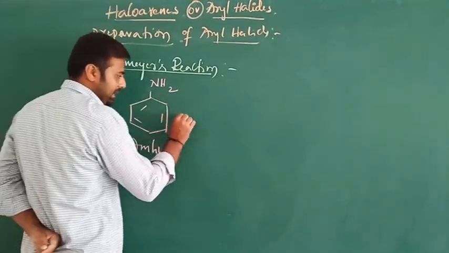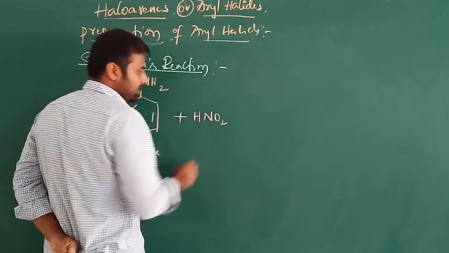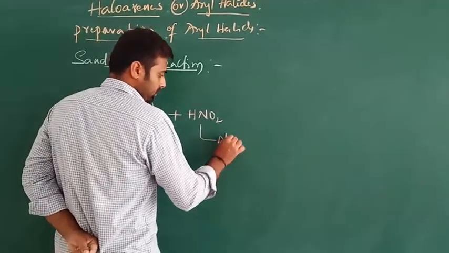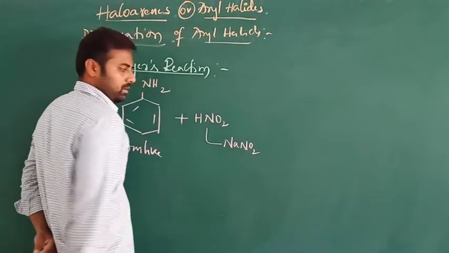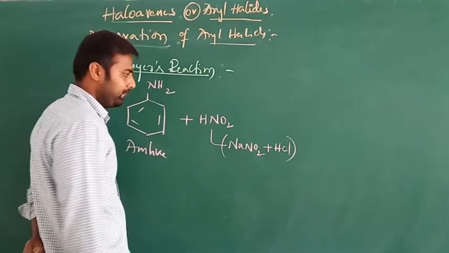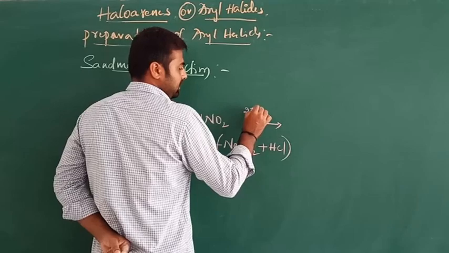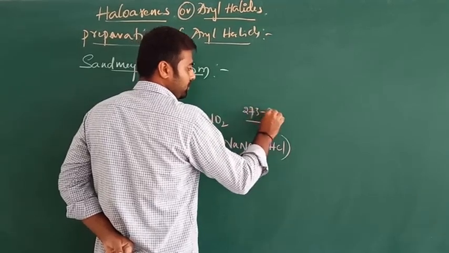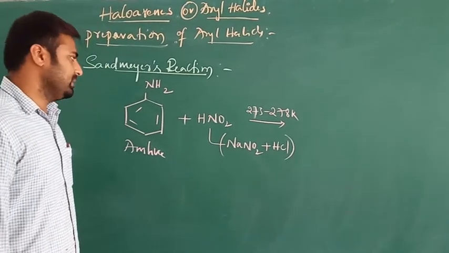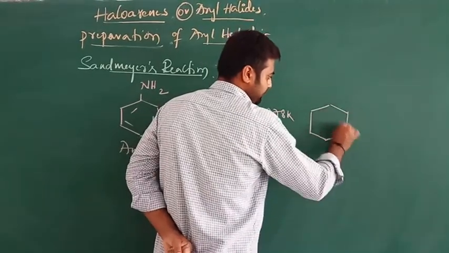So when this primary aromatic amine is treated with nitrous acid, this nitrous acid is obtained from the combination of sodium nitrite and one of the mineral acids, that is HCl, at the temperature range of 273 to 278 Kelvin, a very low temperature, which gives the respective product, that is diazonium salts.